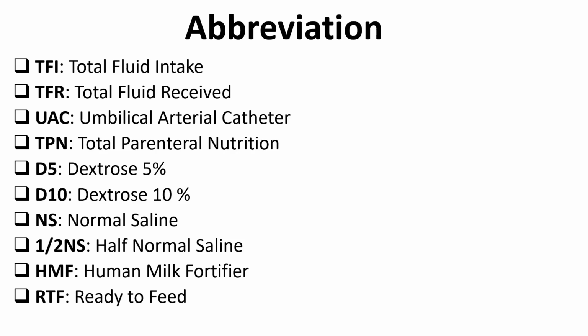And when we say full feed, we look at the TFI. So if the TFI is 160 ml per kg per day, and we can give milk 160 ml per kg per day from milk, then that's a full feed. And then we add HMF. And we only add HMF when we are full feed on milk, mother's milk, and the baby is not gaining weight, so I add HMF. Okay, any question about HMF?